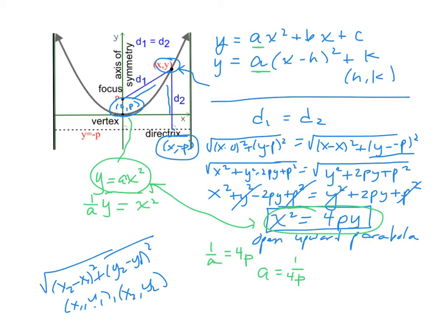And again, our focus is the point x equals 0, y equals p, and the directrix would be y equals negative p.